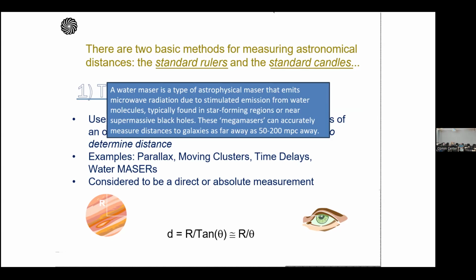So if you're looking at a galaxy, you can determine how far away that galaxy is by measuring the intensity of the maser that's created within that galaxy.